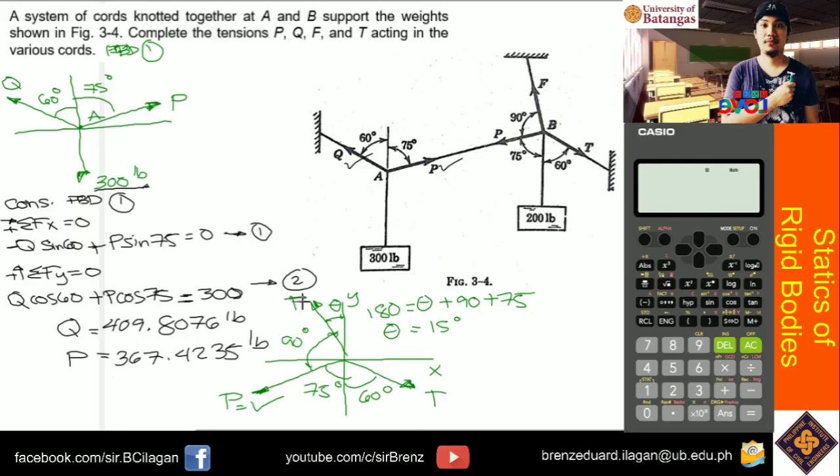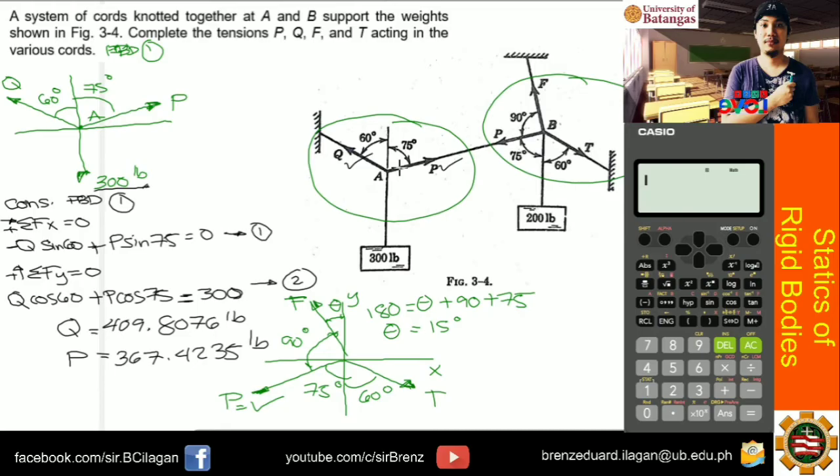Alright, so since we have now the value of P, we can solve for the value of your cable F or cord F, cord T. Tandaan guys that if you're going to consider a point, itong point A and point B, take note na dapat dalawa lang yung unknown na hinahanap. Kasi nga, ang available equation mo lang is summation of forces X and summation of forces Y. So for example, inuna natin yung point B, kahit anong pilit mong gawin dyan, hindi mo mapapalabas yan.